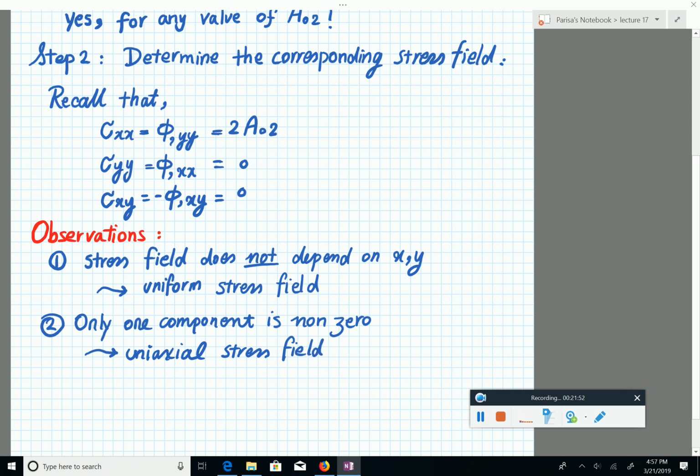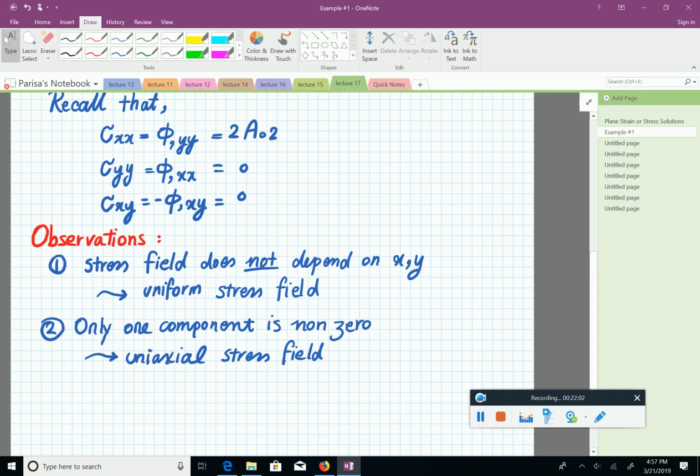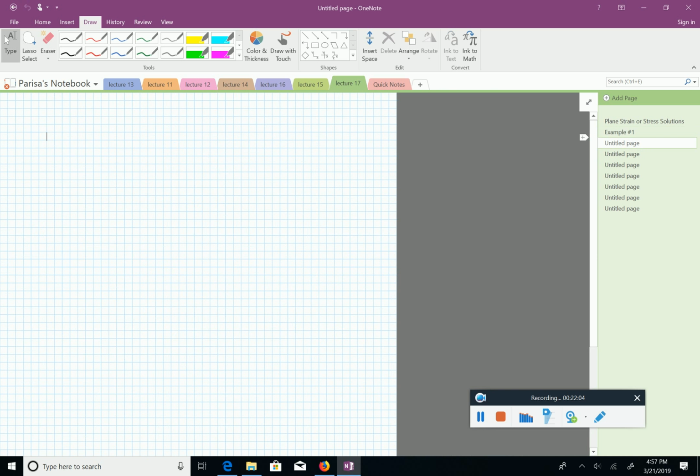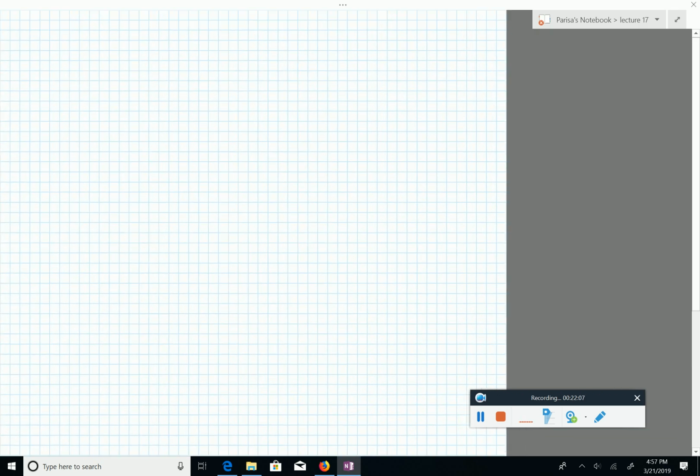Perfect. So we have the stresses. Well, you can guess what comes next. What do you think comes next? Strain. Now you have to tap into the relationships that we developed for plane strain and plane stress. Before doing that, actually, we'll do that too.